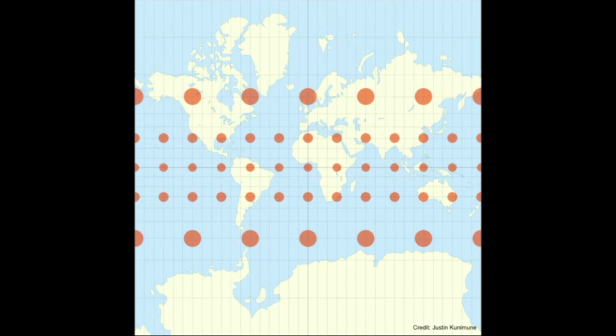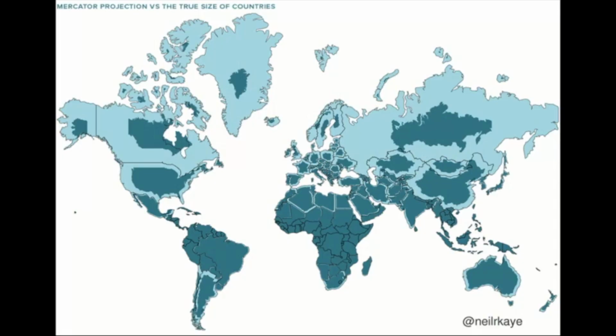Greenland is quite large. If we look at what we might call a corrected Mercator projection, like this one, we can actually see the actual size of different parts of the Earth's land masses.